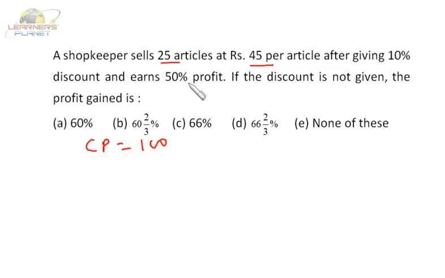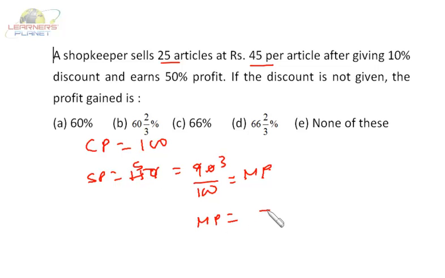Now the profit is 50%. That means the selling price is 150 rupees and it is 90% of the mark price, isn't it? Since on mark price 10% discount is being given, it is 90% of marked price. So we can calculate the mark price. So mark price will be 500 by 3.